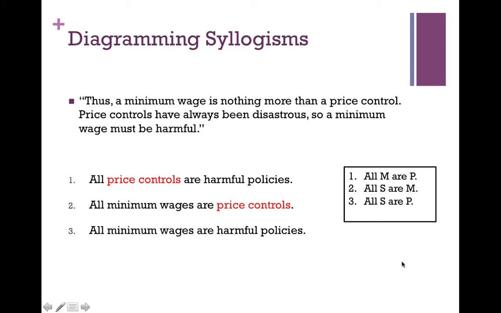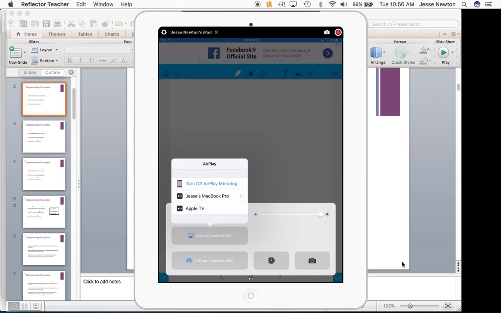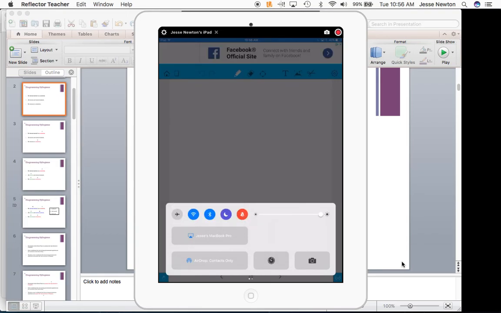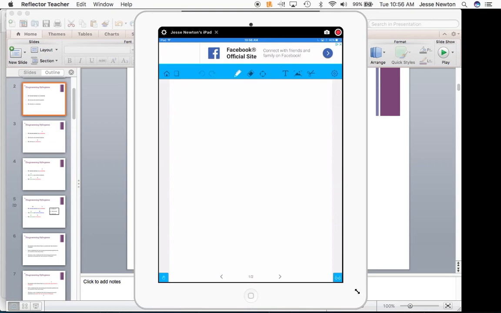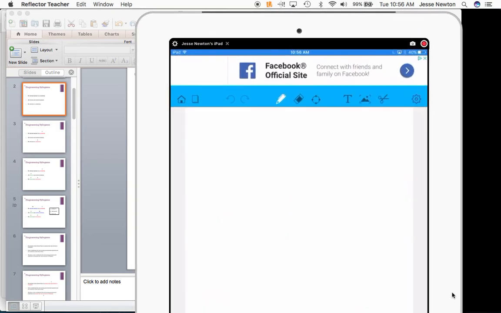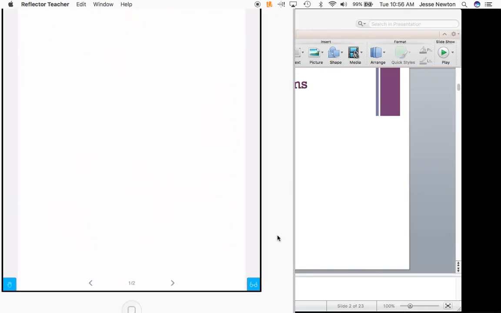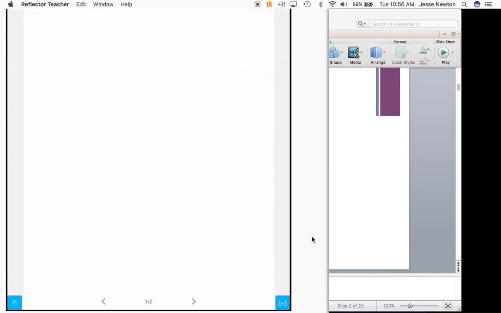Now what I want to do, just so we can get a little more practice, is, just like before, diagram this argument to determine whether or not it is in fact valid. You might have already guessed that it is, but we need to practice these things so that we can get more proficient at it.